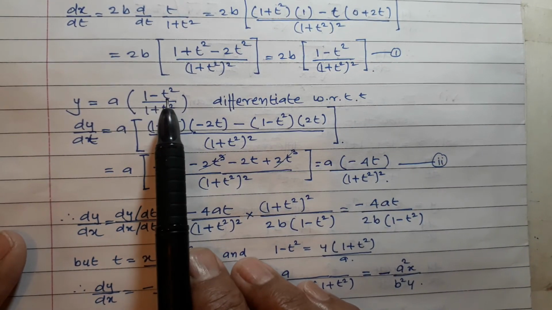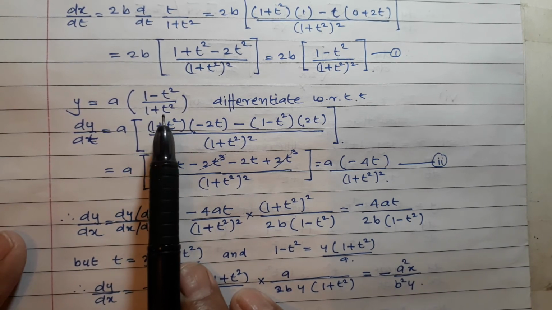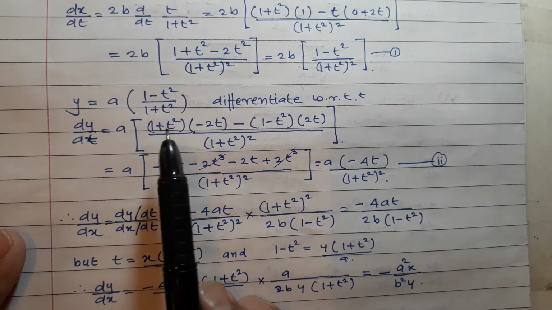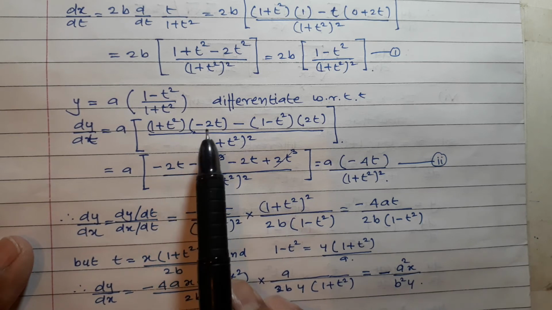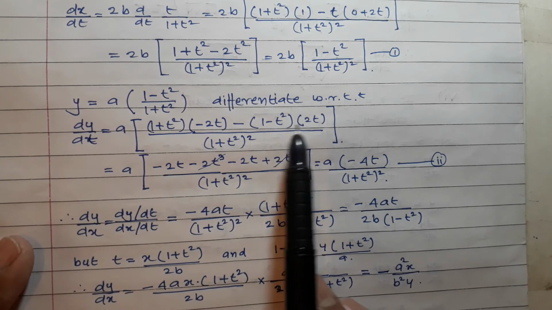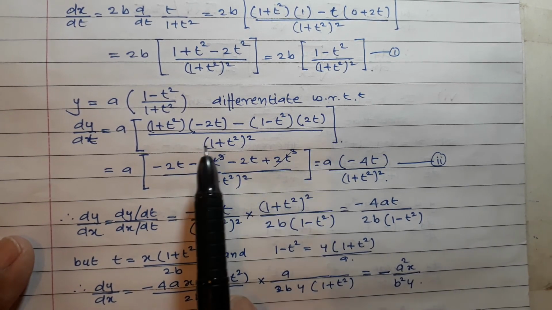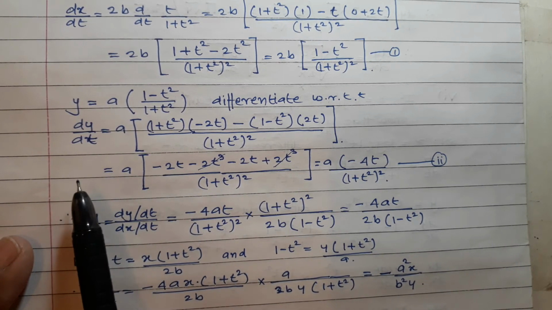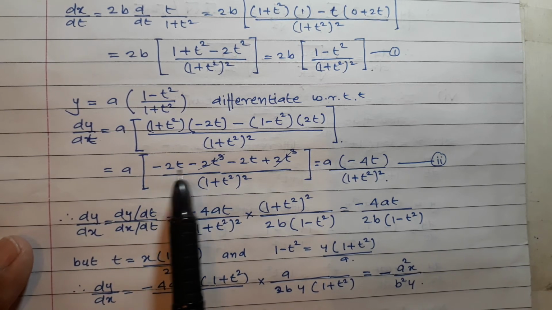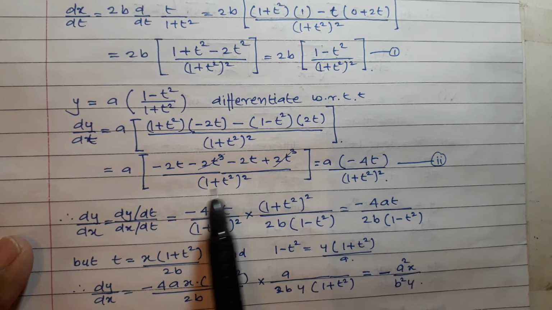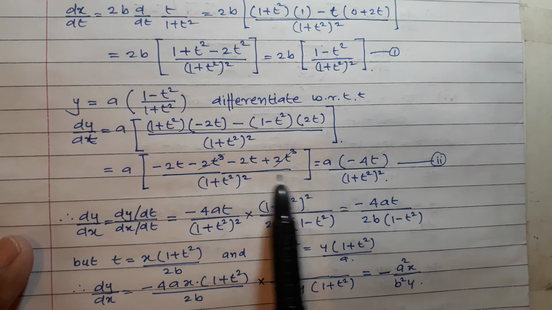Statement number 1. y is equal to a into 1 minus t square upon 1 plus t square, differentiate with respect to t. dy/dt is equal to a into bracket 1 plus t square into derivative of this, minus 2t, minus 1 minus t square into derivative of this, 2t, upon 1 plus t square whole square. Therefore dy/dt is equal to a into bracket minus 2t minus 2t cube minus 2t plus 2t cube upon 1 plus t square whole square.